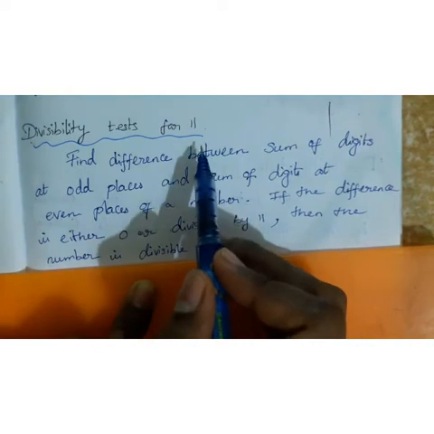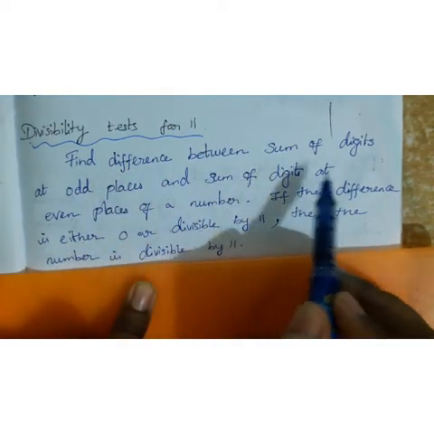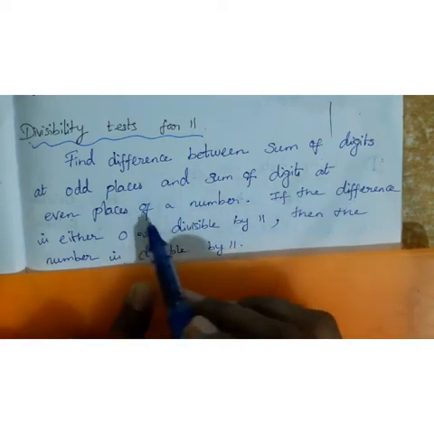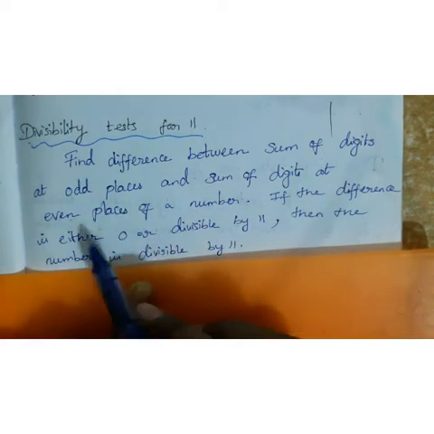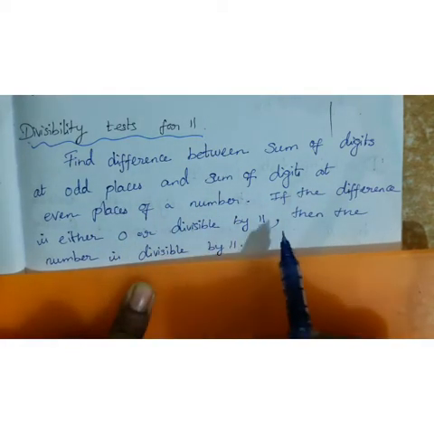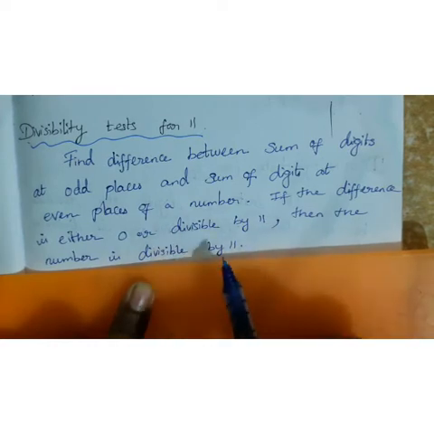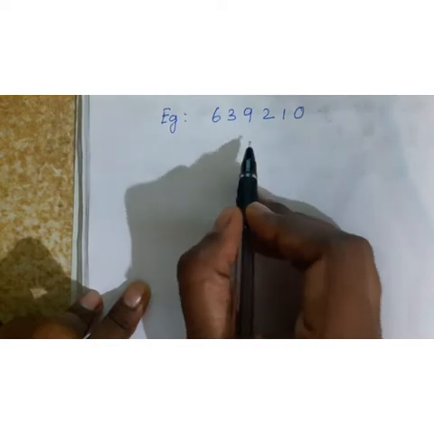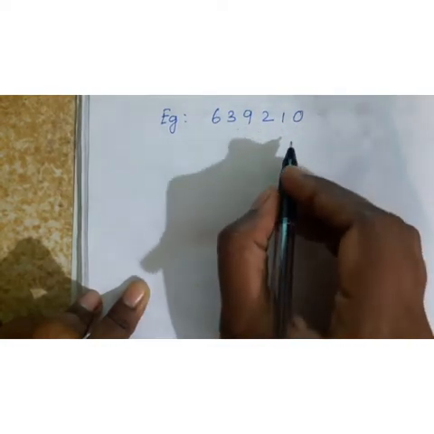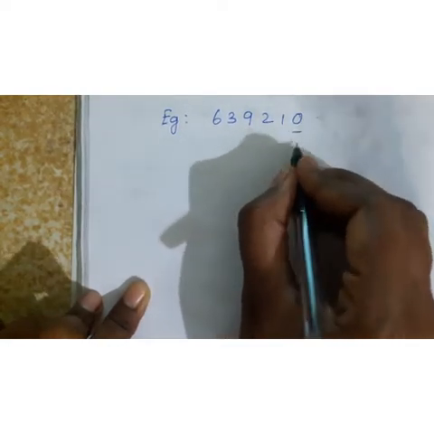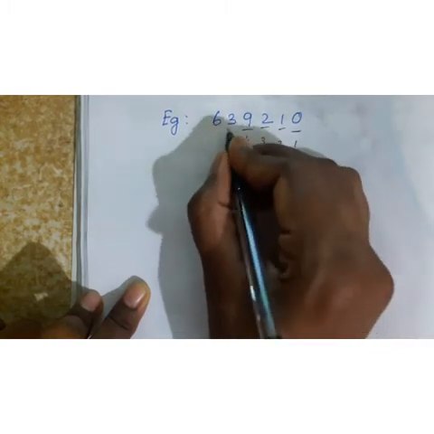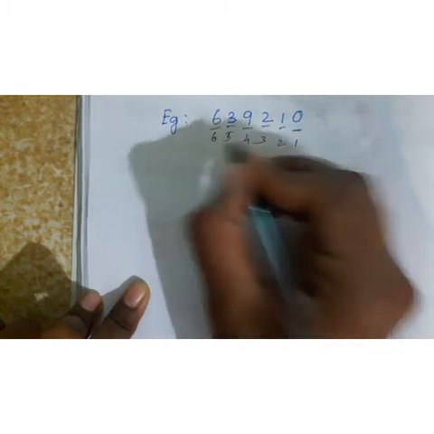Divisibility test for 11. Find the difference between the sum of digits at odd places and the sum of digits at even places of a number. If the difference is either 0 or divisible by 11, then the number is divisible by 11. For example, in 639210, from the right, write 1, 2, 3, 4, 5, 6.